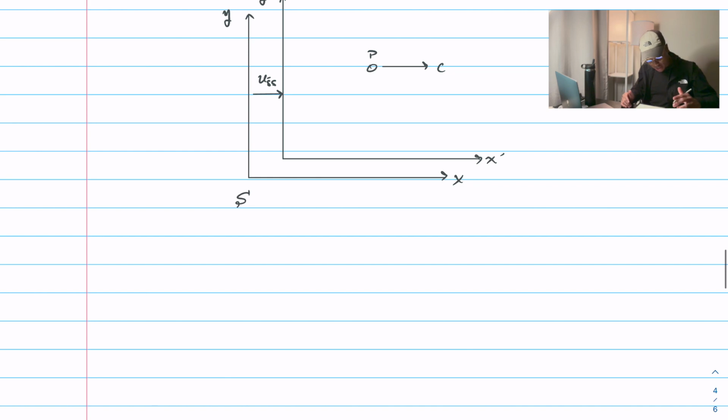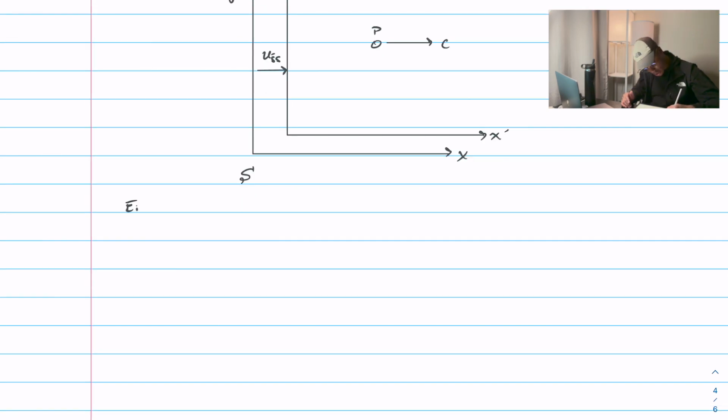Well, Einstein said this. So we'll say Einstein's velocity relation is this. We have the velocity of some object or point A with respect to a fixed reference frame S is equal to this.